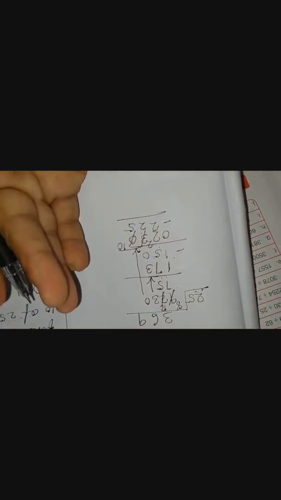So 25 nines are 225. 0 minus 5 is not possible, so we cut 3 and write 2, cut 0 and write 10. 10 minus 5: 10 on your finger, count back 5, the remaining number is 5, so we write 5. 2 minus 2 is 0.